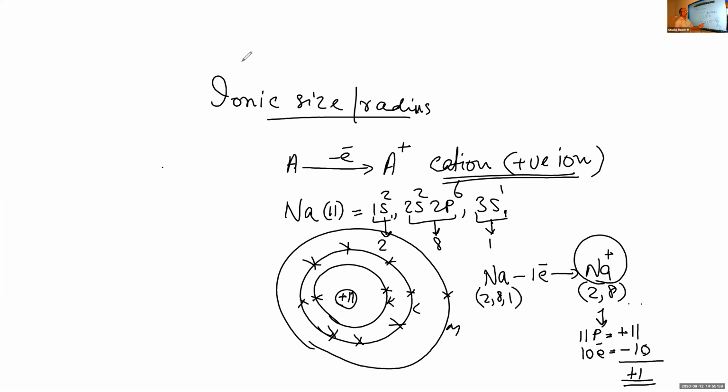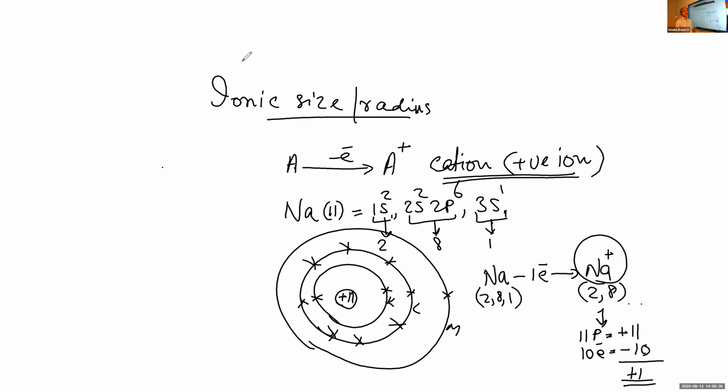Now, what happens to the size of the atom and the size of the cation, the positive ion? See, in the cation, the number of electrons will be less than the number of protons in the nucleus.